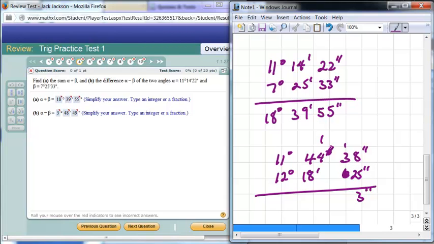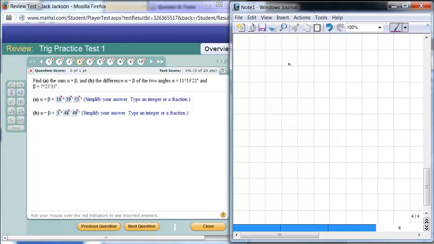Well, 60 is going to regroup and carry 1 here. 8, 9, 10, and 3 more. 4, 5, 6. That's enough to regroup and make 1 degree. 24 degrees. So notice that when we got 60 seconds here, that made 1 minute. When we got 60 minutes there, that made 1 degree. Okay, that one didn't show up in this particular one.